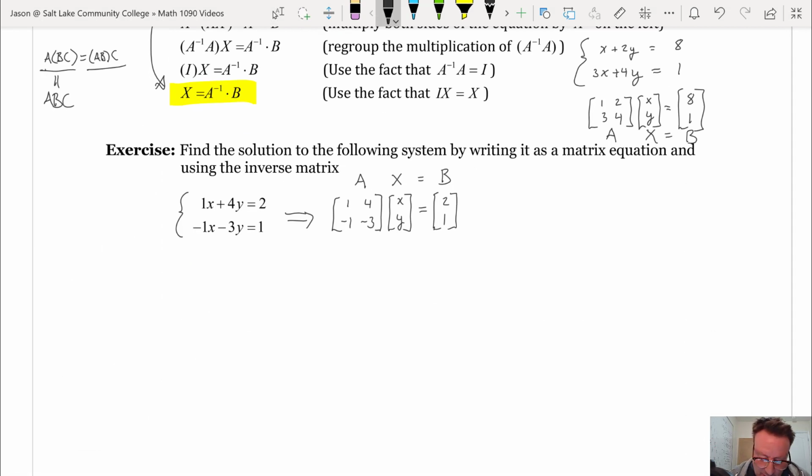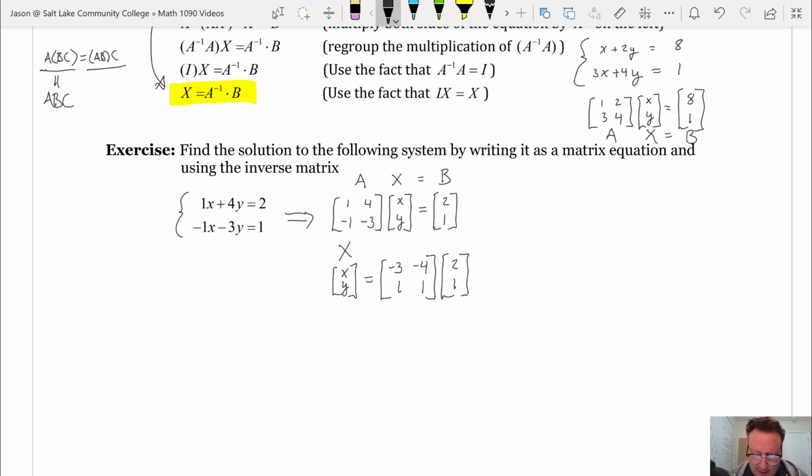So what we want to do is write X, which is xy, equal to the inverse matrix -3, -4, 1, 1 times the column vector B, which contains 2 and 1. Here we have X, our column vector.